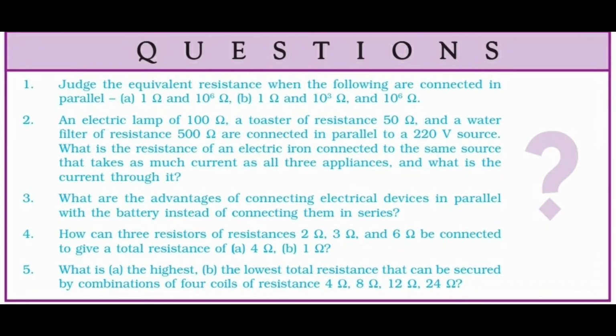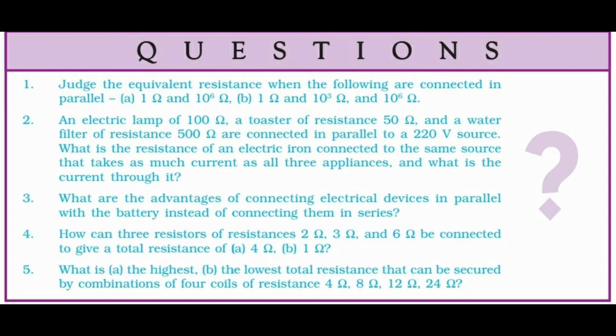Question 3. What are the advantages of connecting electrical devices in parallel with the battery instead of connecting them in series? Electrical devices are connected in parallel with the battery instead of in series. It is advantageous to provide same voltage across each appliance, and moreover any appliance may be switched on or off without interference of the other.